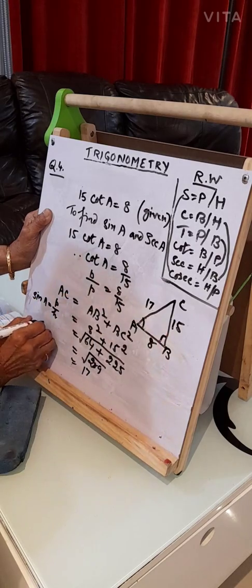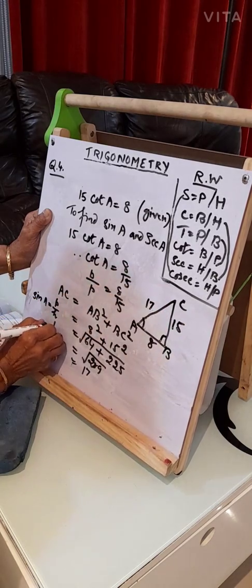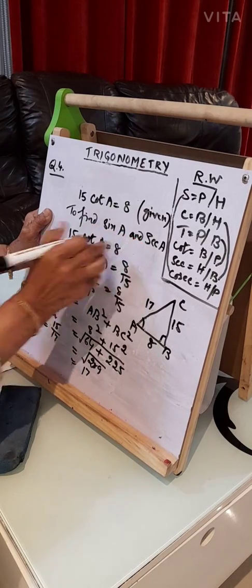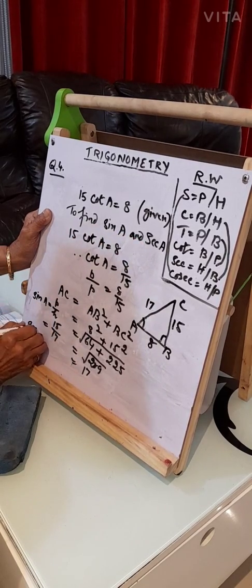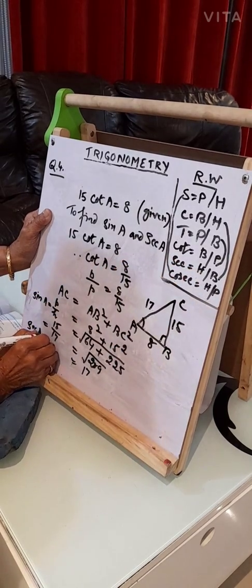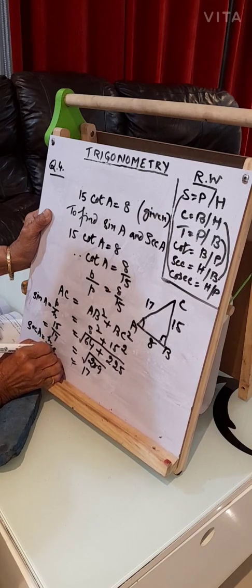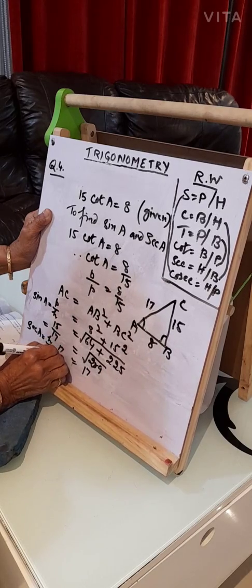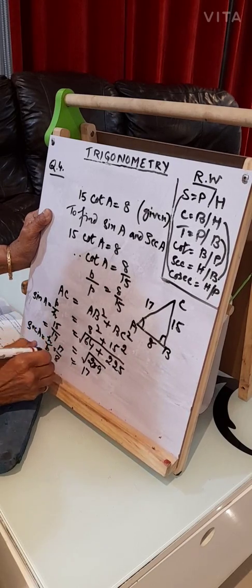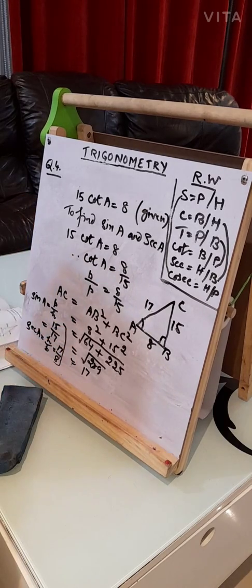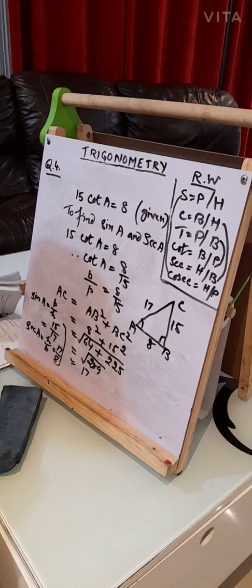So it will be 15, perpendicular is 15 and hypotenuse is 17. Number 2, we are to find sec A. Sec is equal to hypotenuse over base. So how much is the hypotenuse? It is 17. And how much is the base? 8. So it will be 17 over 8. So these are the two answers: 15 over 17 and 17 over 8.